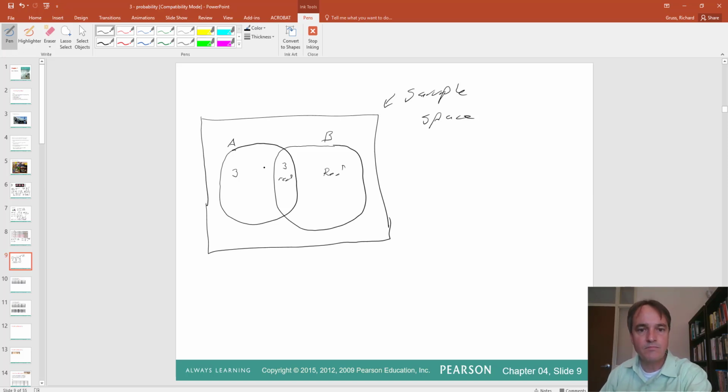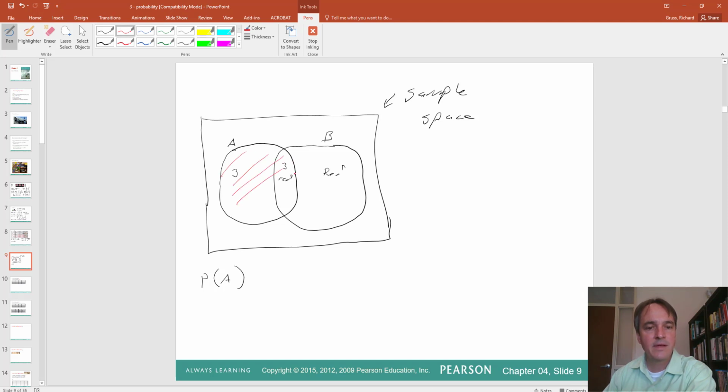Okay, so let's think about what would happen if we were to just apply our addition formula. So if we were to say, okay, probability of A, we're going to count all these.